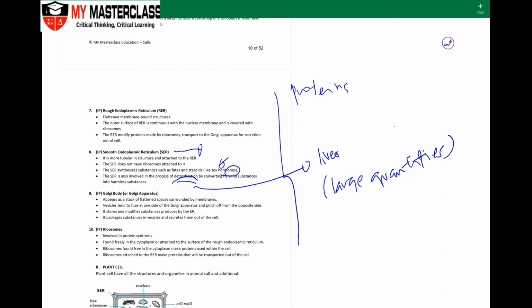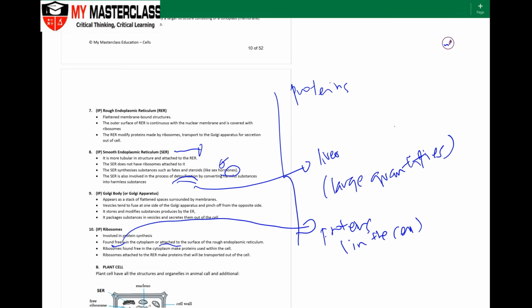Ribosomes are made for protein synthesis. Free ribosomes or attached ribosomes are both made for protein synthesis. The difference is that free ribosomes are for proteins meant for use within the cell.